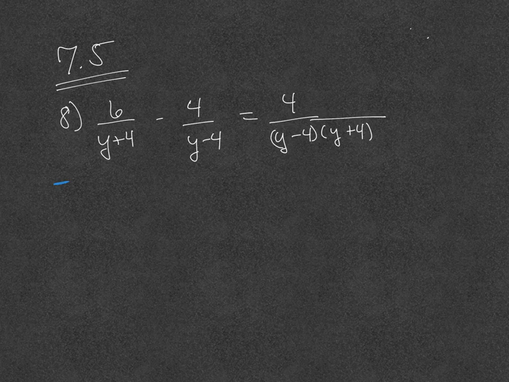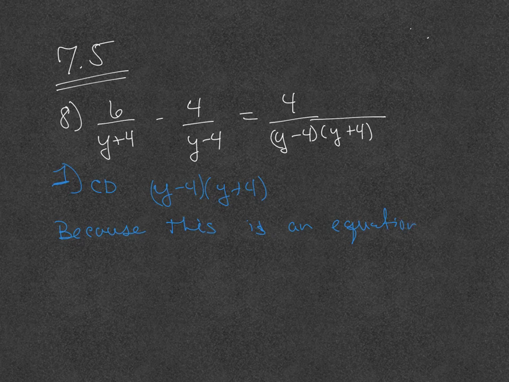All right, so what you're doing here is step 1: your common denominator is y minus 4 times y plus 4. Now, because this is an equation, and I can only do this because this is an equation, I take the common denominator over 1 and multiply it by every term.